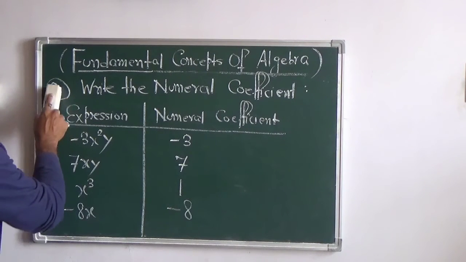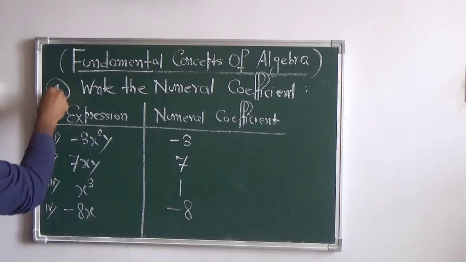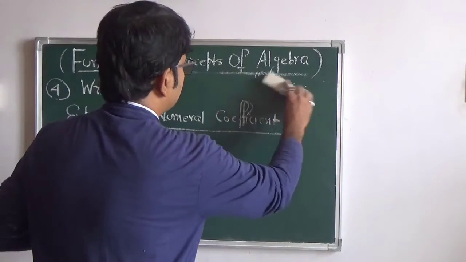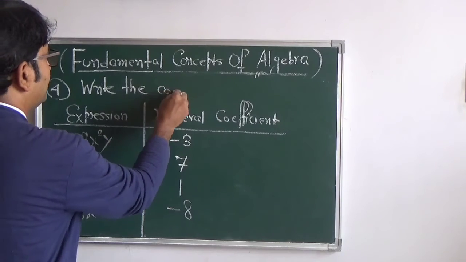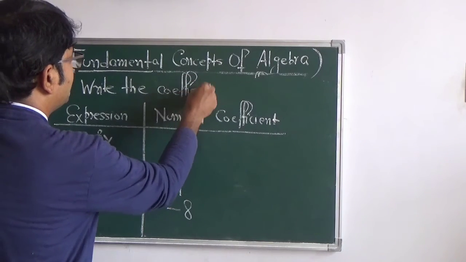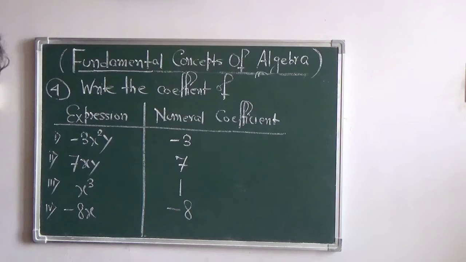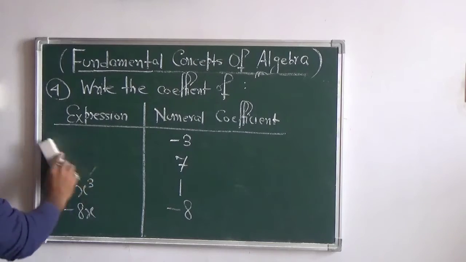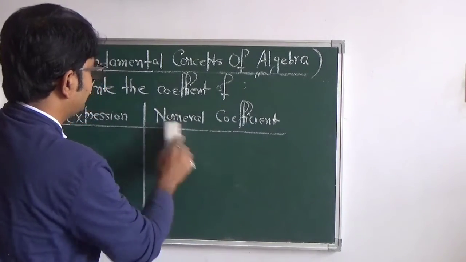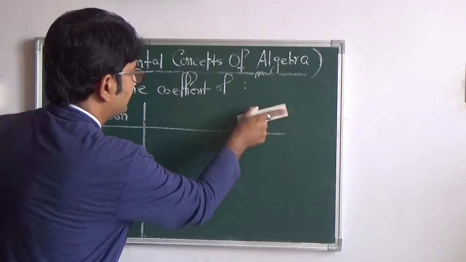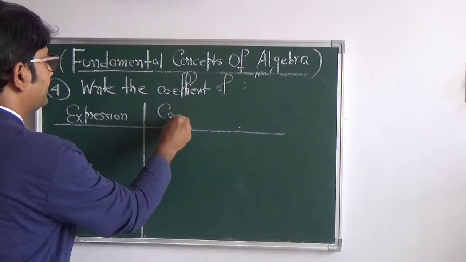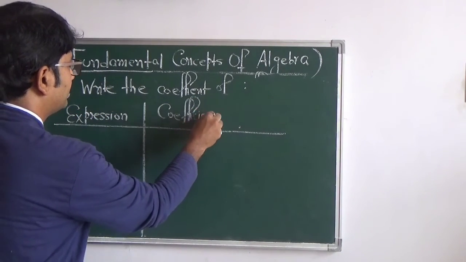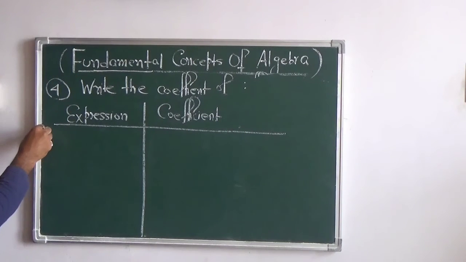Write the coefficients of the given expressions. We need to find the coefficient. We are given first one, write the coefficient of a in 15ab.